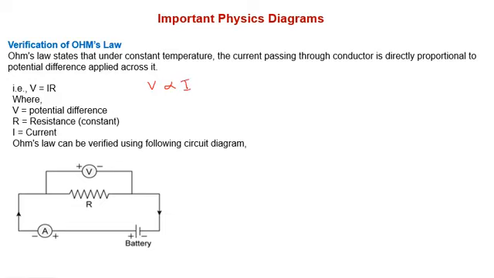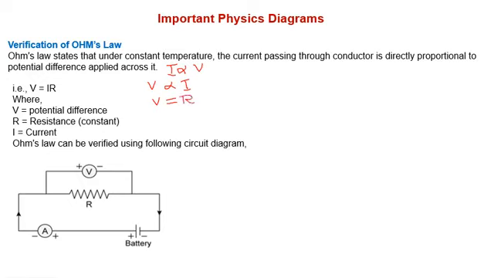Okay, and if you are writing I proportional to V, because as we say current is proportional to the potential difference, usually we start with I proportional to V. You can just flip it, make it V proportional to I, because my formula will be V equals I R. I have to introduce an equals to sign to remove the proportionality sign. So whenever I remove the proportionality sign, I have to introduce one constant, and in this formula my constant is resistance, right?